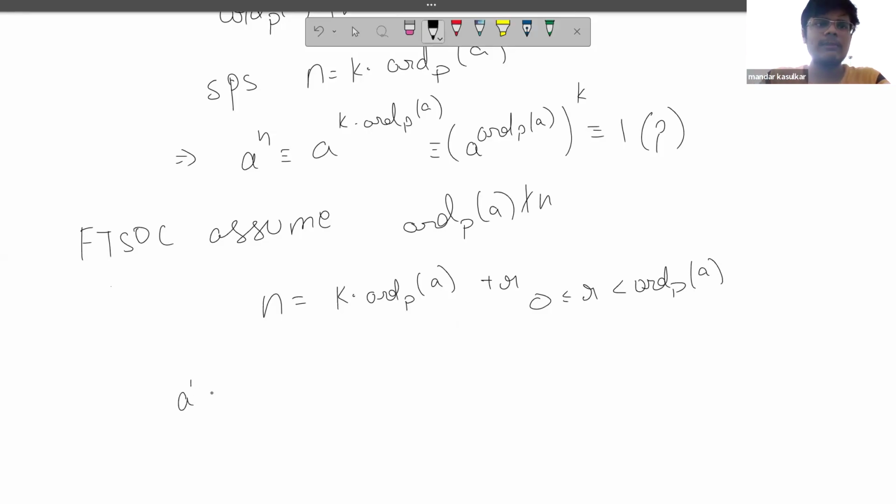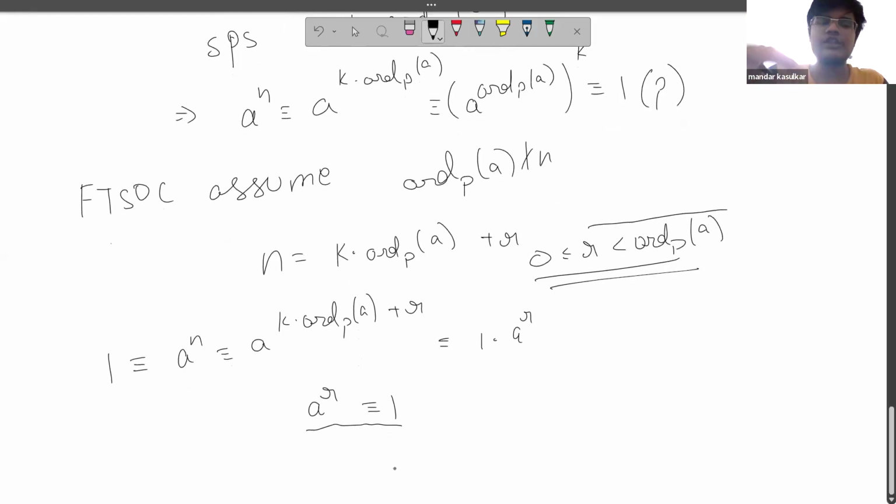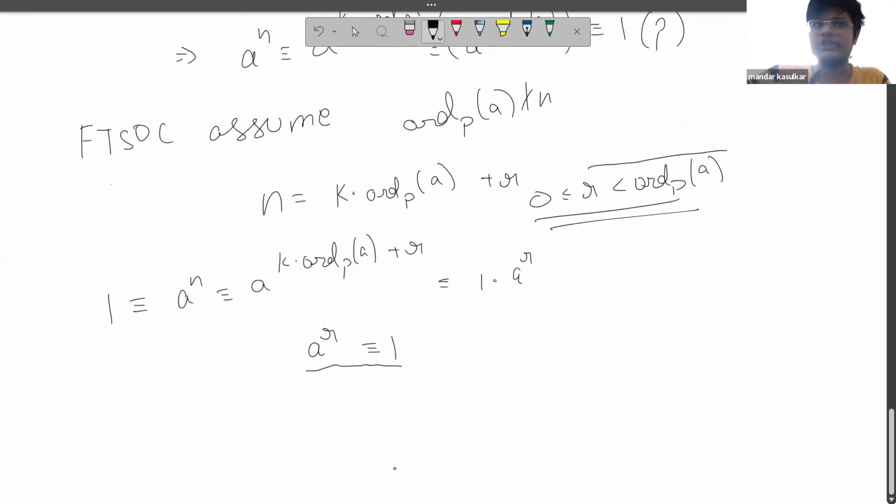So we would get a raised to the power n congruent to a raised to the power k times the order of a mod p plus r, congruent to 1 times a raised to the power r. And this is congruent to 1. So we get that a raised to the power r is 1 mod p. But observe that r is less than the order, and this contradicts the definition of the order of a mod p. So this is a contradiction.